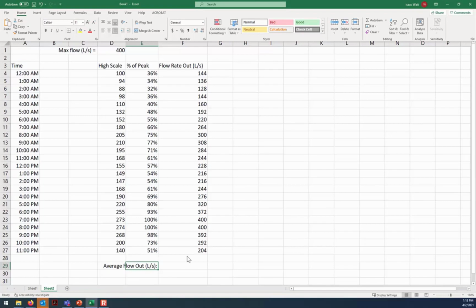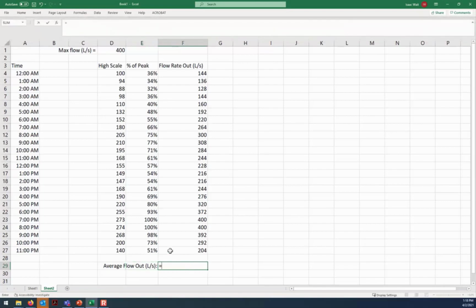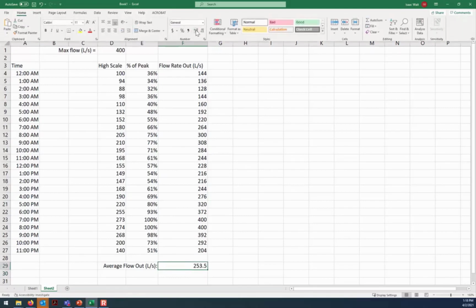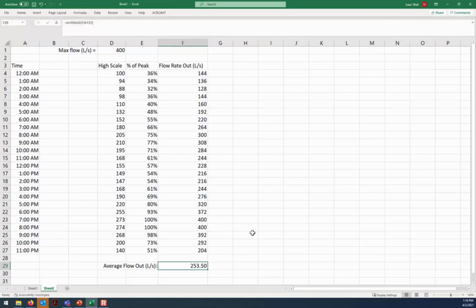Okay, so I've got all this data. The average is 253.5 liters per second, which is the average flow out of the tank.